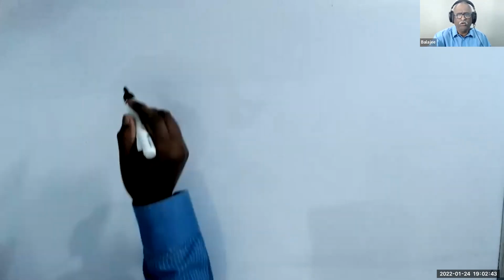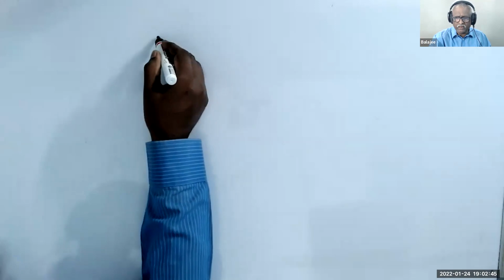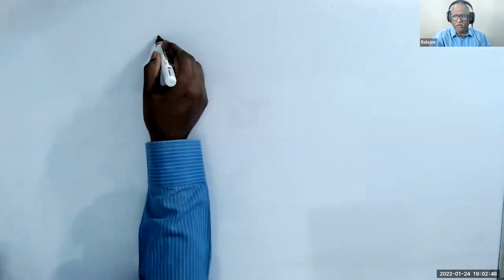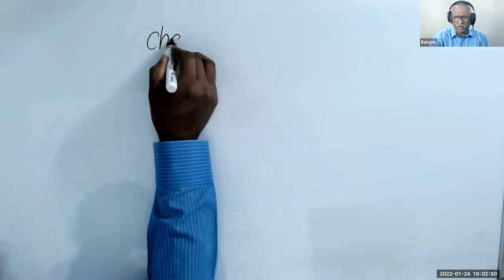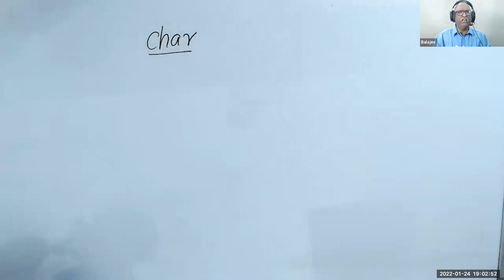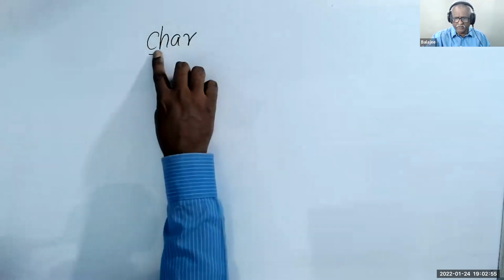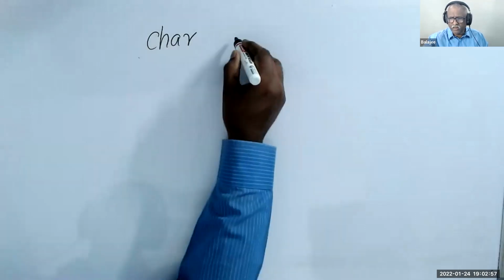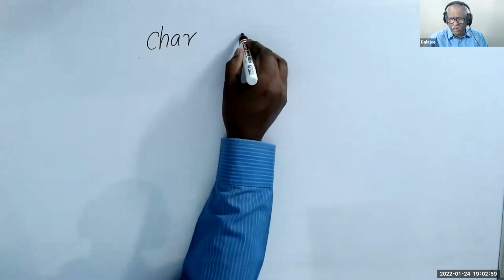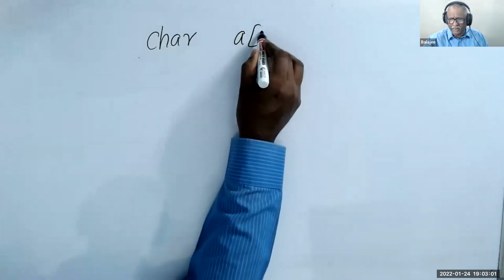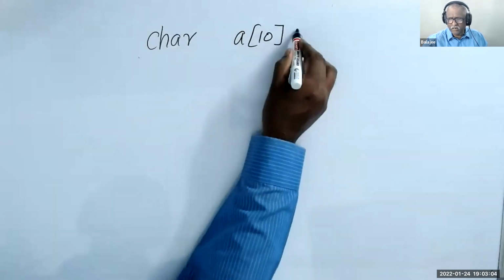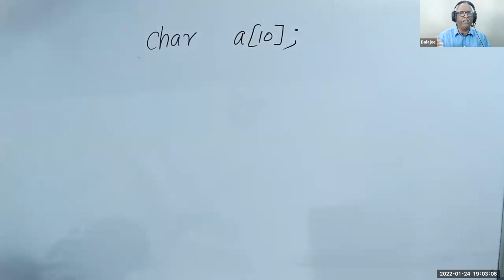So the first issue is this. How do I get a string from the user? How is it stored? I declare char. I told you that a string has to be a group of characters. So char a of, let us assume, 10. A of 10.